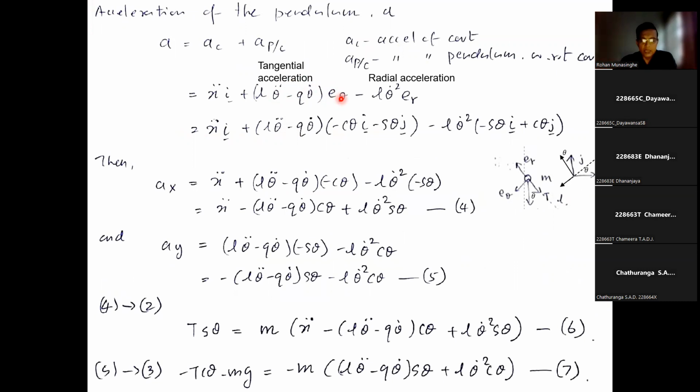What about the other acceleration, which is radially outward, right? So L theta dot square, this is the centrifugal term. And it's being pulled by the tension of the pole, and it is working against ER.